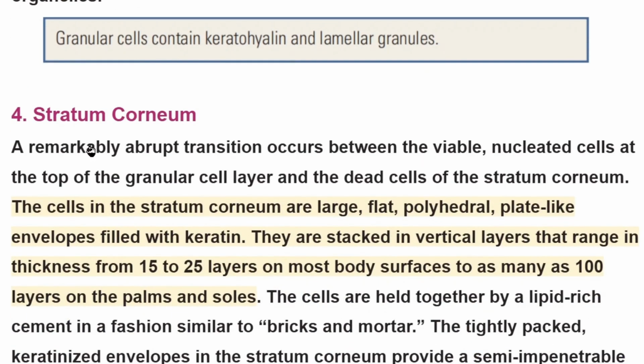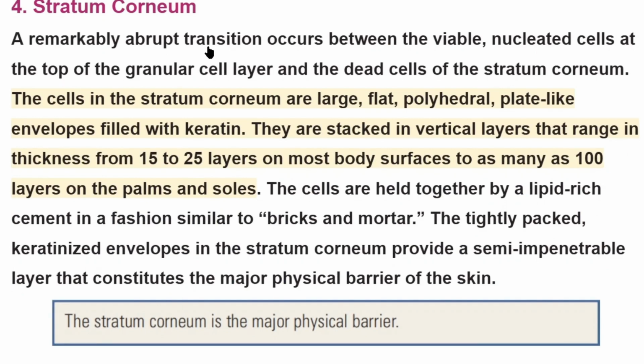The fourth layer of epidermis is the stratum corneum. A remarkably abrupt transition occurs between the viable nucleated cells at the top of the granular cell layer and the dead cells of the stratum corneum. The cells in the stratum corneum are larger, flat, polyhedral plate-like envelopes filled with keratin.